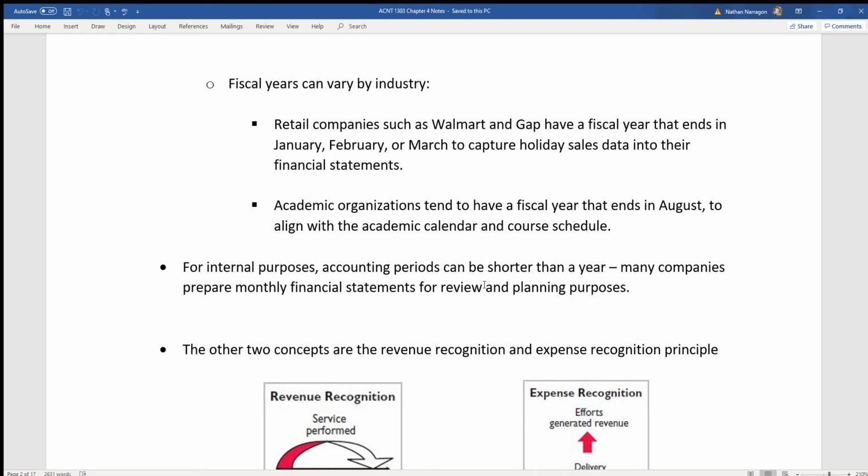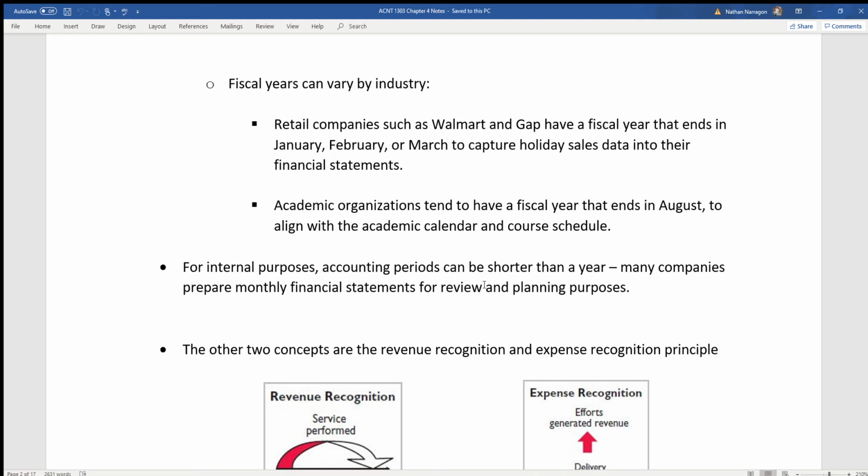But for them, their fiscal year usually ends in March, and this is mostly because they want to capture holiday sales data and put it in their financial statements, because that's where they generate most of their income for a year, and that will look good for investors. They like to see that.